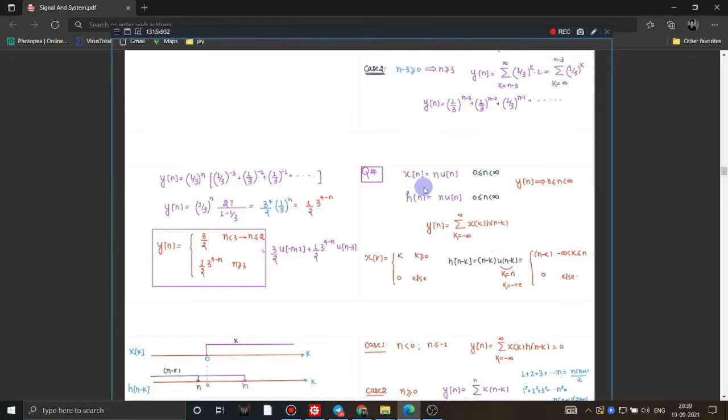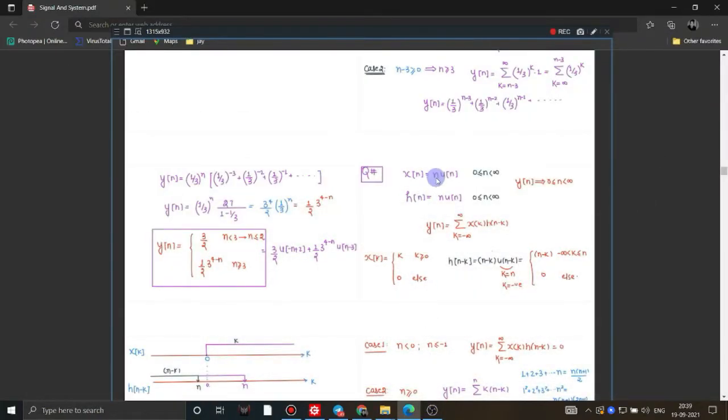So if you look into this new question, follow my cursor. Xn is given as nun and hn is given as also nun. So the range of nun is 0 to infinity, so their resultant range is also from 0 to infinity.